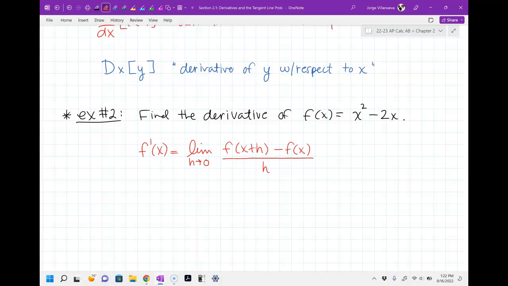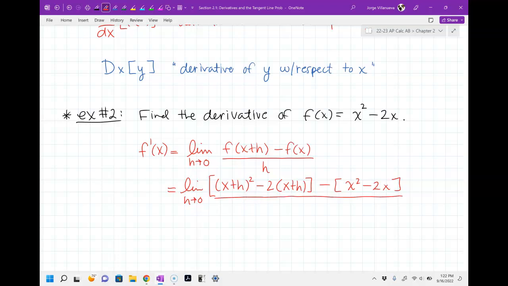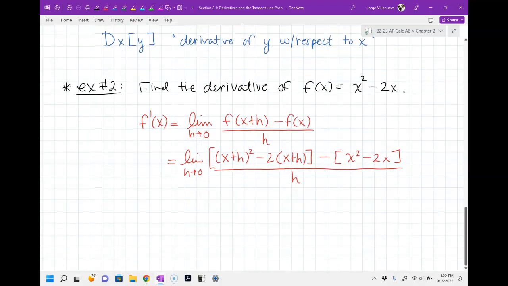So let's go ahead and plug in our x plus h into our function and see what we get. So limit as h goes to 0 of x plus h squared minus 2 times x plus h minus f of x, which is x squared minus 2x. All that gets divided by h.